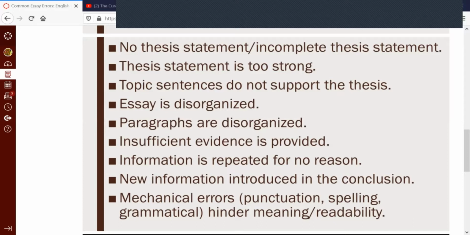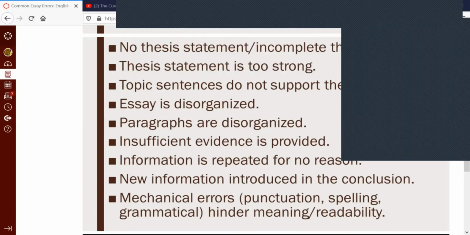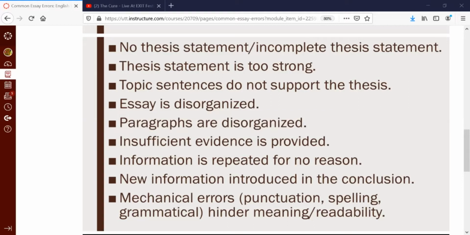The third problem is the topic sentences do not support the thesis. Like we talked about, the thesis statement will spawn your topic sentences.